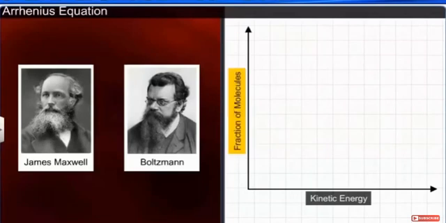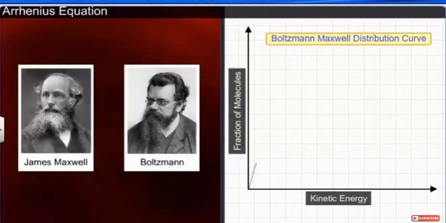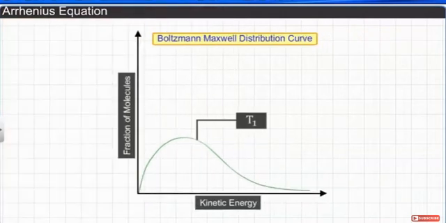If we plot the fraction of molecules with the given kinetic energy, we get the Boltzmann-Maxwell distribution curve shown here. Only those fractions of molecules on the right-hand side of the activation energy take part in the reaction.